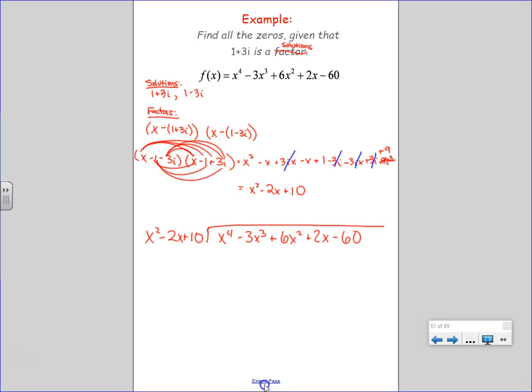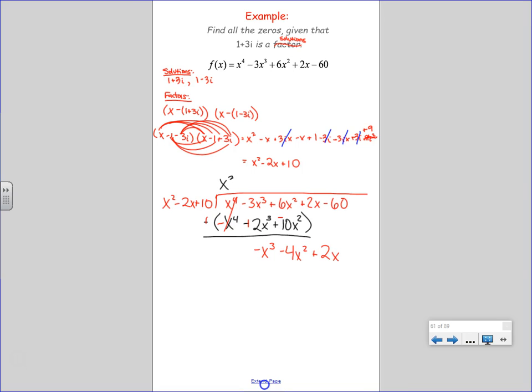I'm going to change colors just for the sake of keeping everything even. x to the 4th minus 2x cubed plus 10x squared. Division means minus. Better be distributing those negatives. Play it safe when your points are on the line.